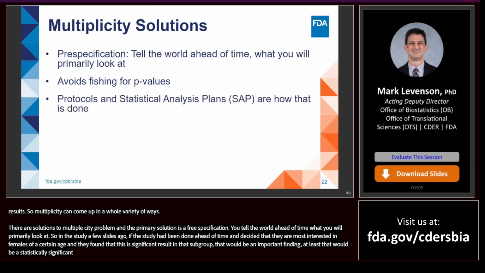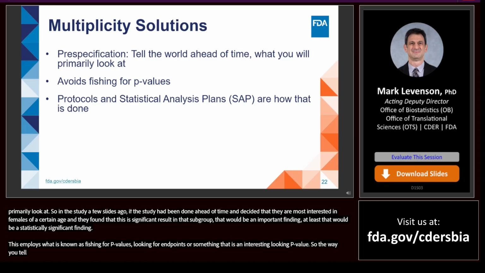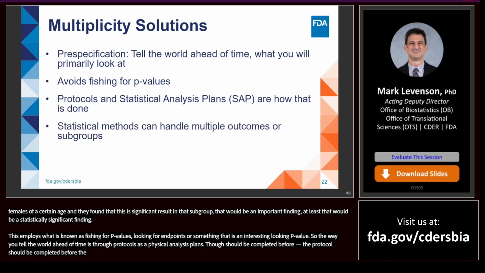So the way you tell the world ahead of time is through protocols and statistical analysis plans. The protocol should be completed before the start of the study, and the statistical analysis plan is usually completed before unblinding of any data. Now, there are statistical methods that can handle multiple outcomes or multiple subgroups.